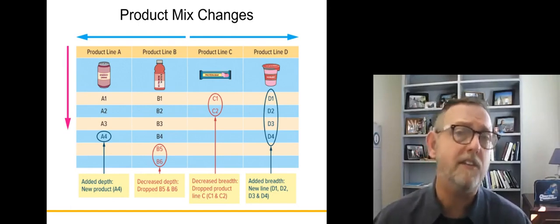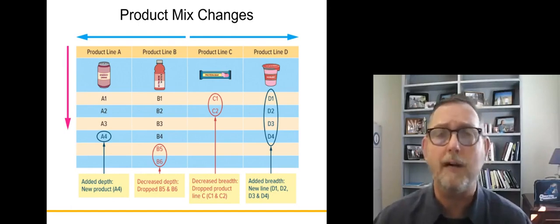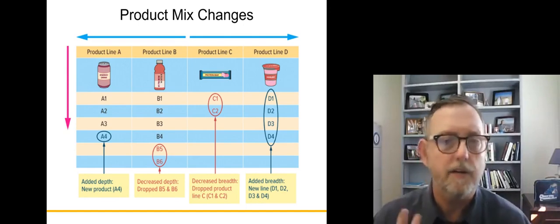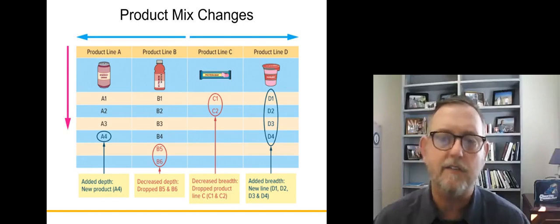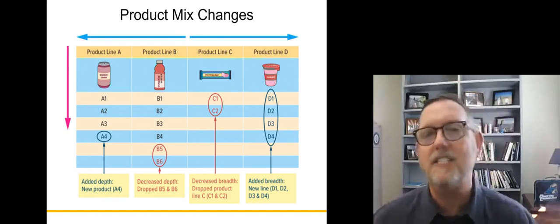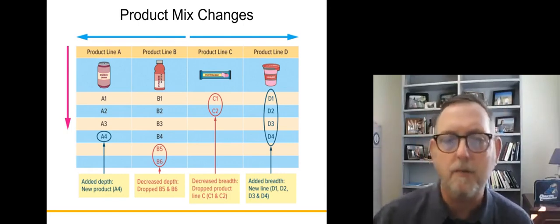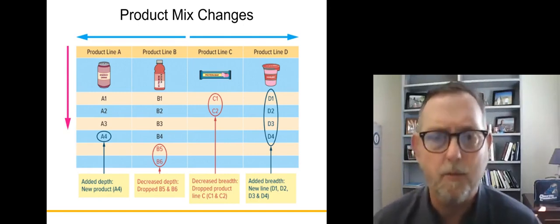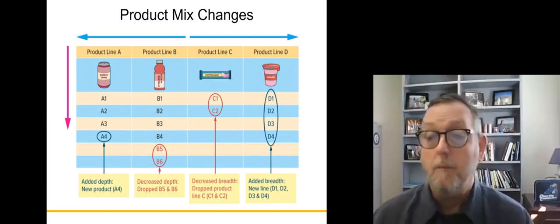It might get out of control, or it might be that one flavor doesn't perform well, and so we just drop it. We contract the line because it's not a good selling product, and so we get rid of it. And so instead of having 10 flavors of this product, we have 8 flavors of this product, right? That's done all the time. We see that a lot.